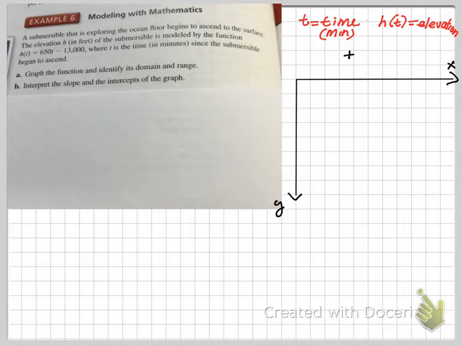And this is our y-axis, which we'll call elevation, where this is zero elevation and everything below it is below sea level. So the first thing it's asking us to do is to graph it.